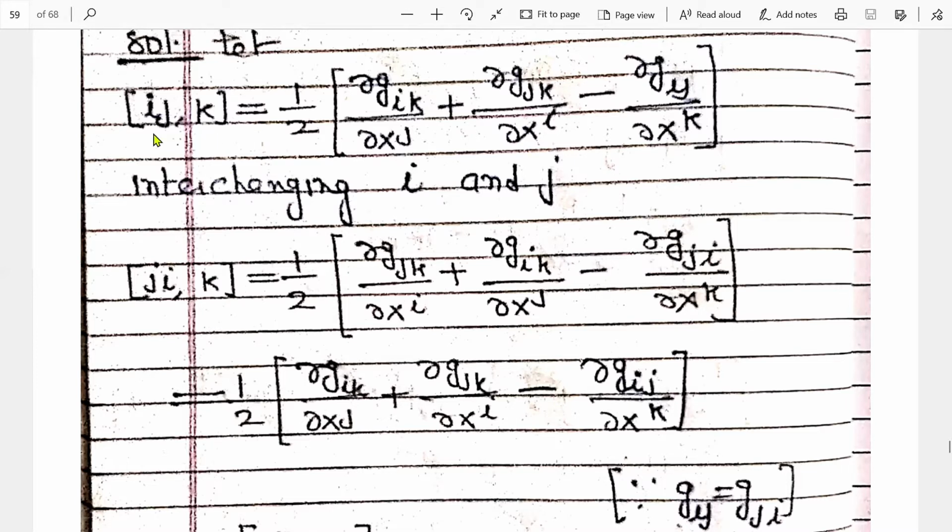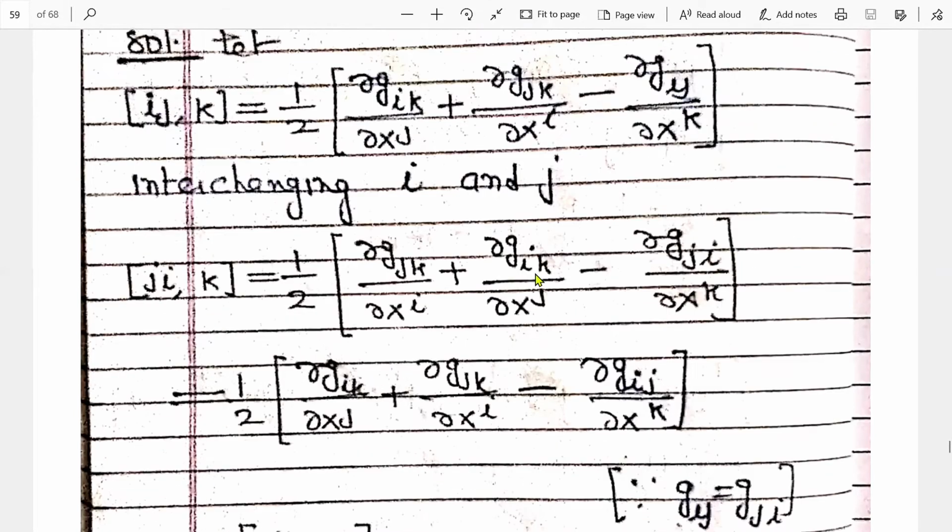Now simply interchange i and j. So interchanging i and j, it will become [ji,k]. This will become the terms jk with i, ik with j, minus ji with k. Here it is i, here it is j, and here it is k.